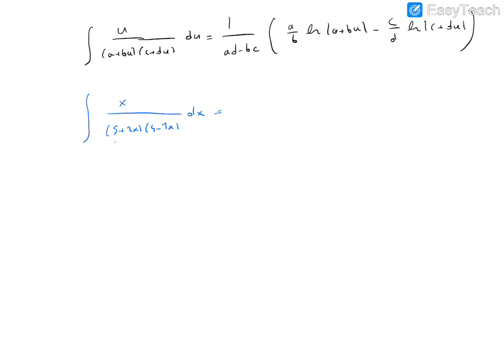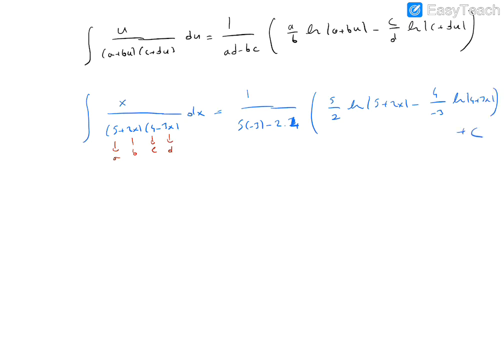So here, this is A, this is B, this is C, this is D. So by considering these, it is 1 over A times D, 5 times minus 3, minus 2 times B times C, C is 4, not 3. So A over B, 5 over 2, ln absolute value of 5 plus 2x, minus 4 over D, which is minus 3, ln of 4 plus 3x.